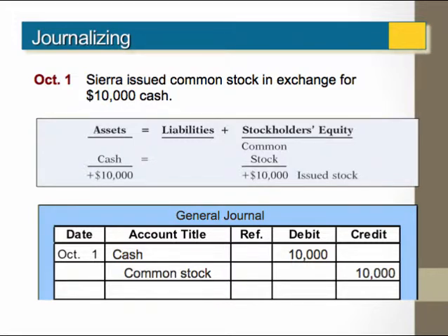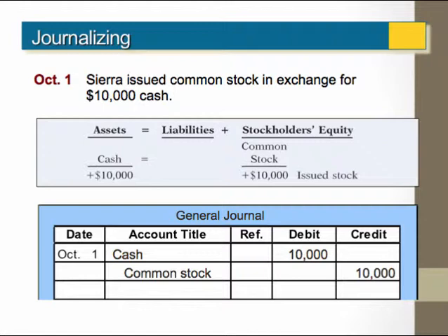So here's our first transaction of $10,000 of cash being increased and $10,000 of common stock being increased. When we go into the general journal, we put the date in the date column, the account titles of cash and common stock in the title column, and then we put the $10,000 debit to cash and a $10,000 credit to common stock.